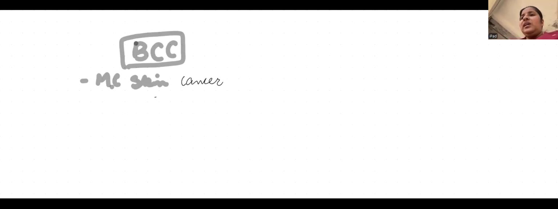So the number one category in skin cancer is basal cell carcinoma, followed by SCC, and then followed by malignant melanoma.